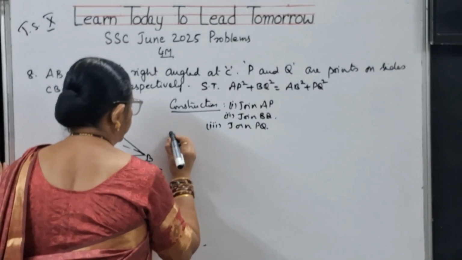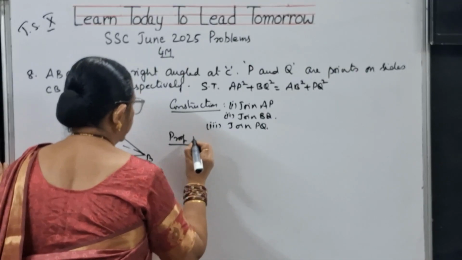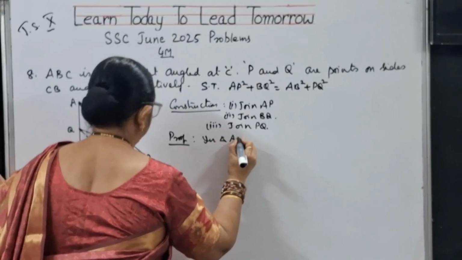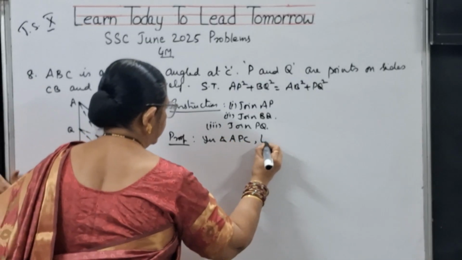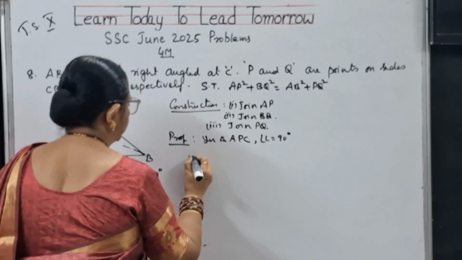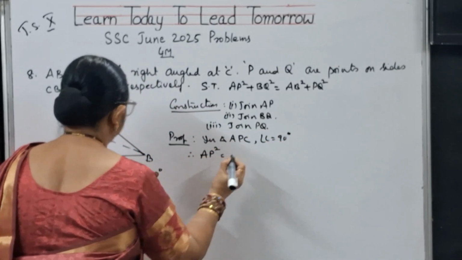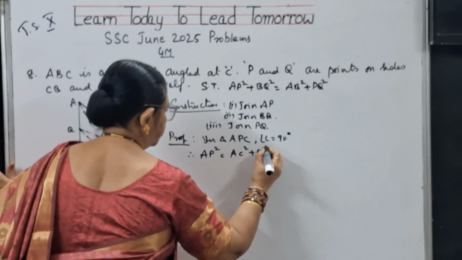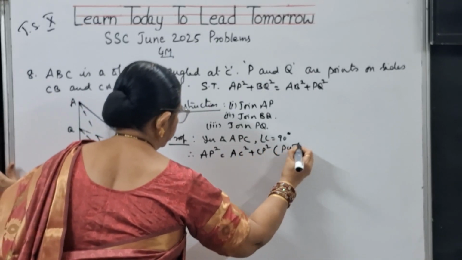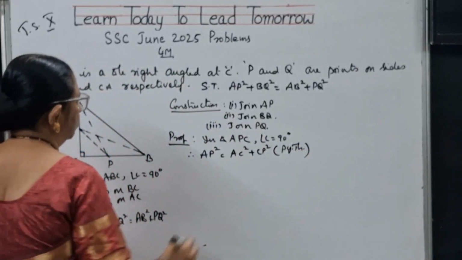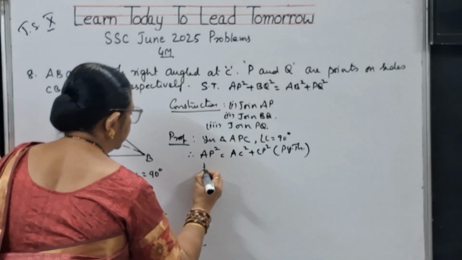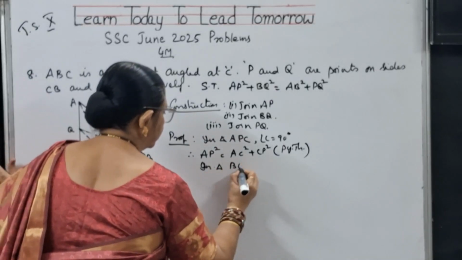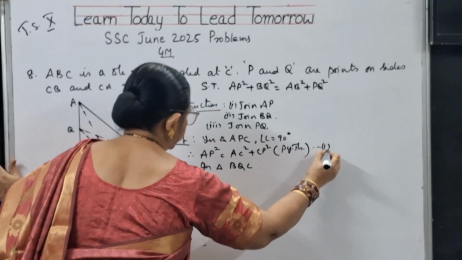Now, proof. AP square means in triangle APC, angle C is 90 degrees. Therefore, AP square is equal to AC square plus CP square, based on the Pythagorean theorem. Let us consider this as the first equation.